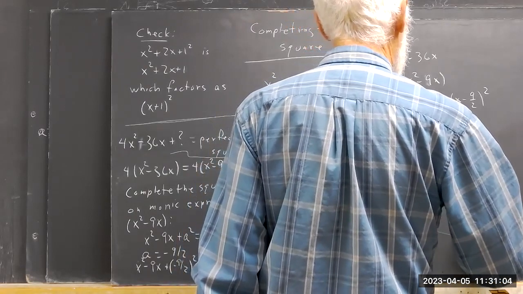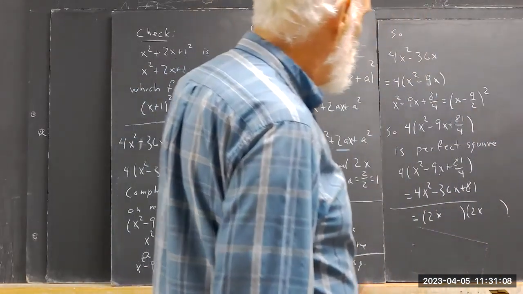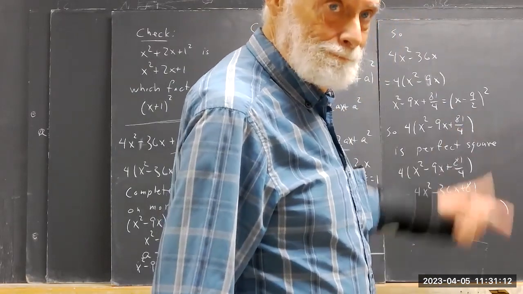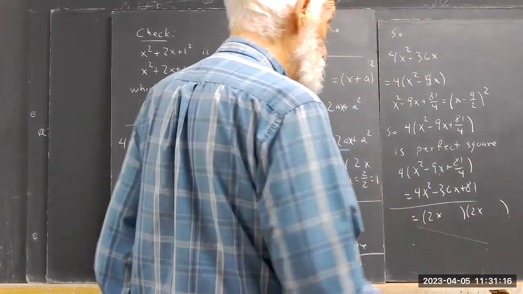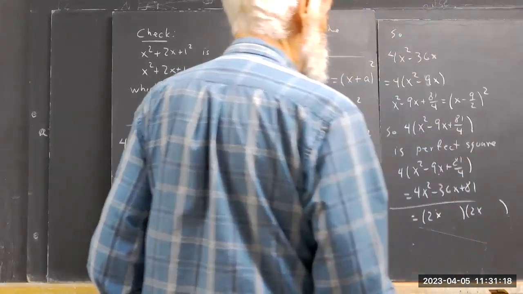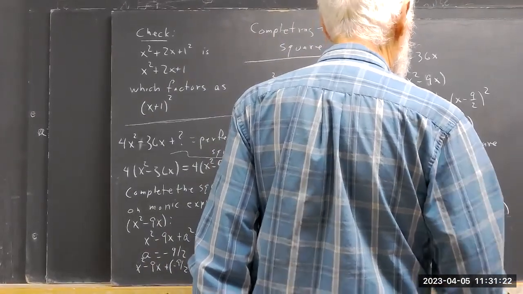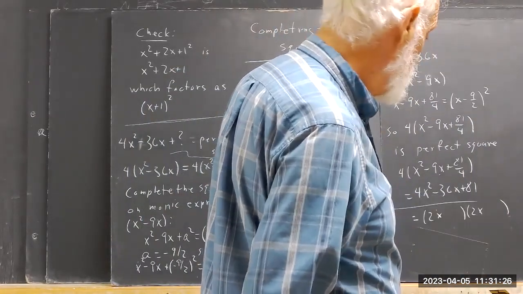well, if we want to factor this to be sure that it's a perfect square, we'll need a 2x and a 2x because we have to have the same terms in both of these binomials. It'll be a perfect square. Here's the math. And then what numbers do we put here?